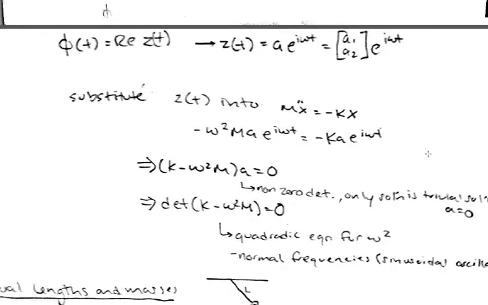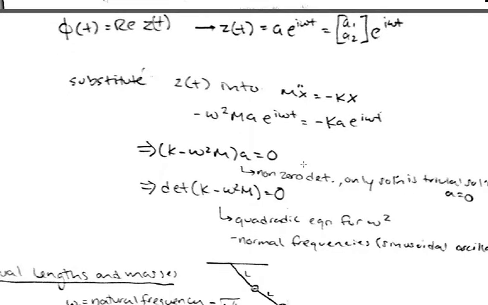And so the general steps that will follow are substituting z of t into the M x double prime minus K x equation, and then using K minus omega squared M times A equals 0 to solve, and the determinant to find the normal frequencies.